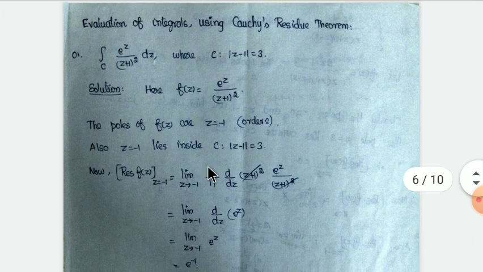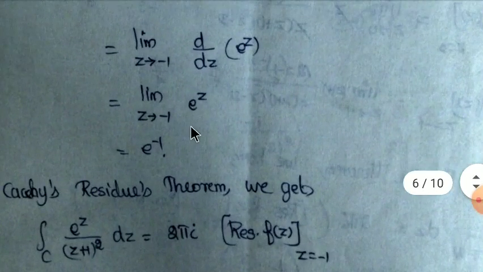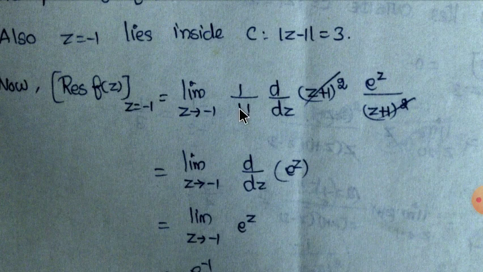So find the residue of f of z at the pole z equal to minus 1. See, this is of order 2. So by using the formula 1 by (n minus 1) factorial, there 2 minus 1 factorial is 1 factorial, differentiate one time (z plus 1) whole square into f of z. After cancellation of (z plus 1) whole square, we get e power z. Differentiating e power z once again with respect to z is e power z.